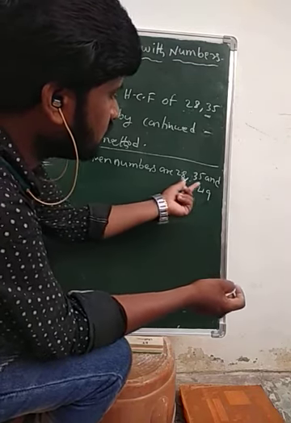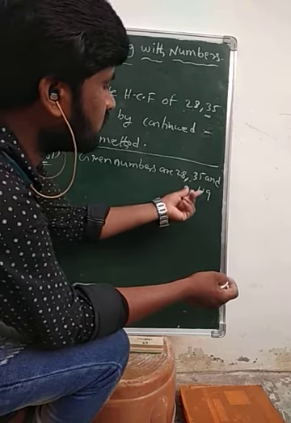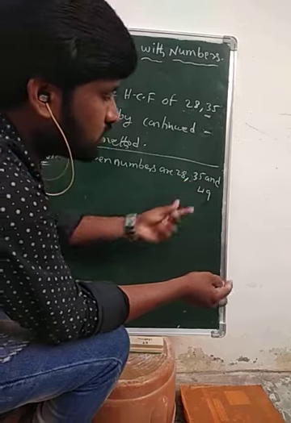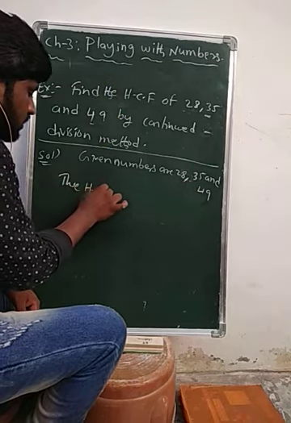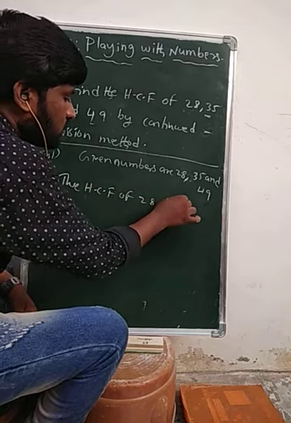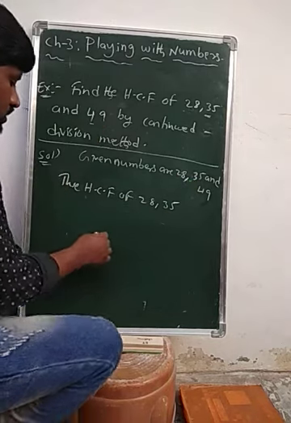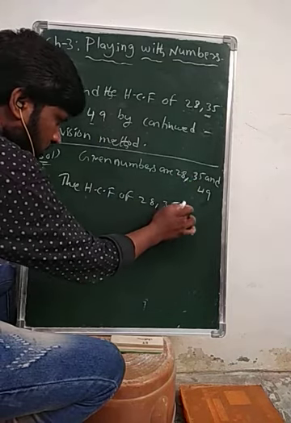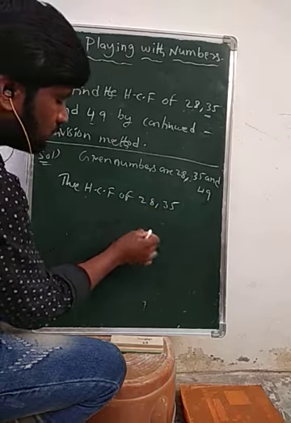In these, first of all, you take the two numbers smaller than 49. First, the HCF of 28 comma 35. ఈ రెండింటికి HCF find out చేస్తున్నాం. Out of these two, 35 is the bigger number and 28 is the smaller number.